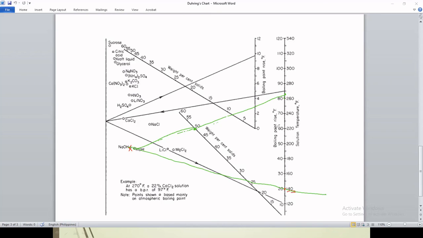That's already the boiling point rise of your solution. So from an original solution temperature of 140, with a boiling point rise of 80, the new boiling point of the solution is 140 plus 80, and that's 220 degrees Fahrenheit.